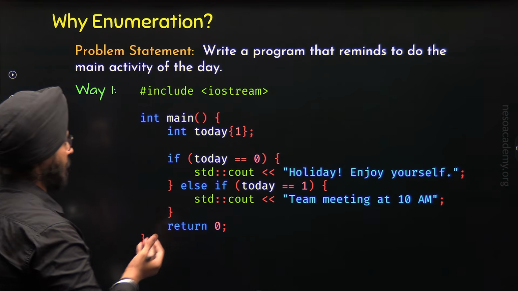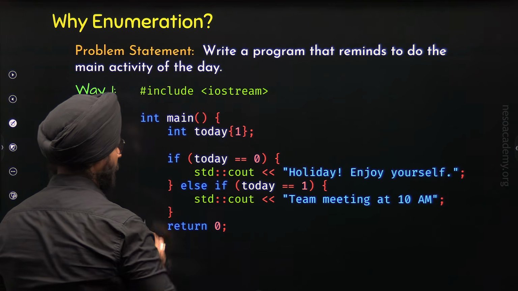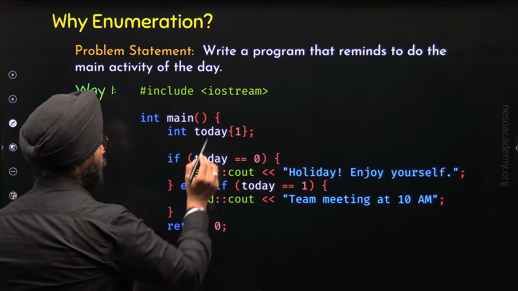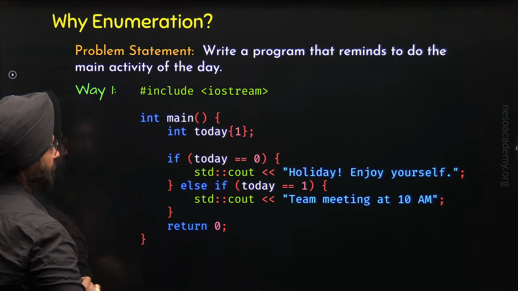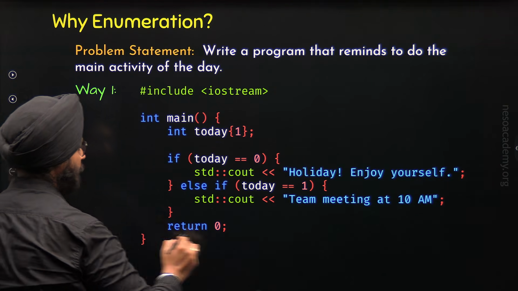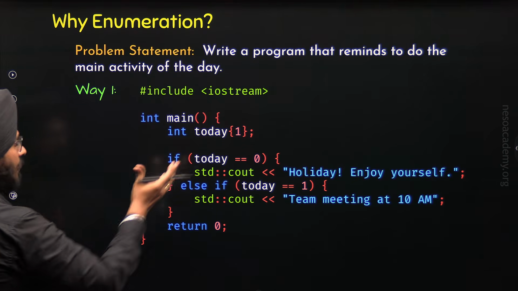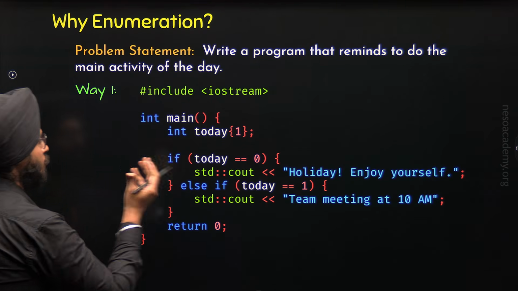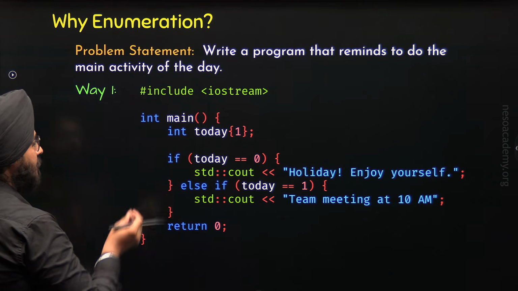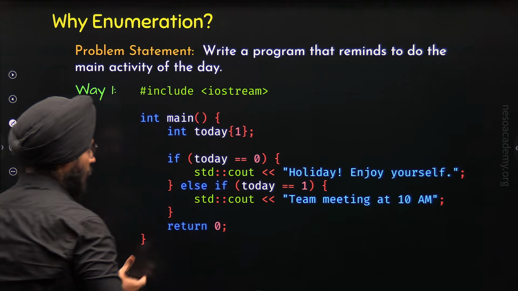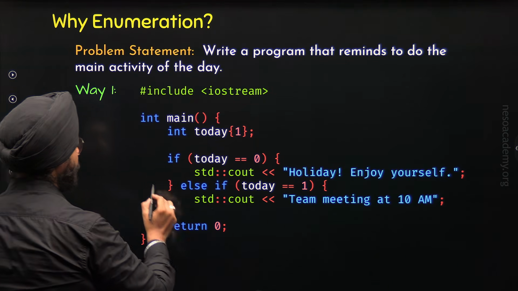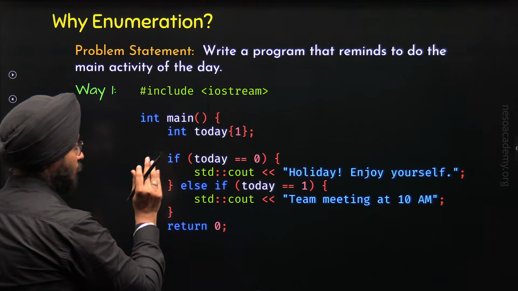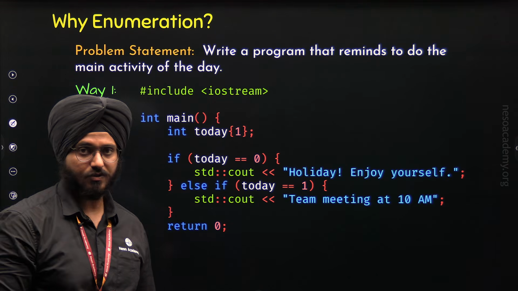So this is my assumption that 1 represents Monday, and therefore today is Monday. Now here I have written this code to check some conditions, and based on those conditions, I want to execute some pieces of code. Here I have written this if construct. Now let's try to understand the meaning of the if construct.